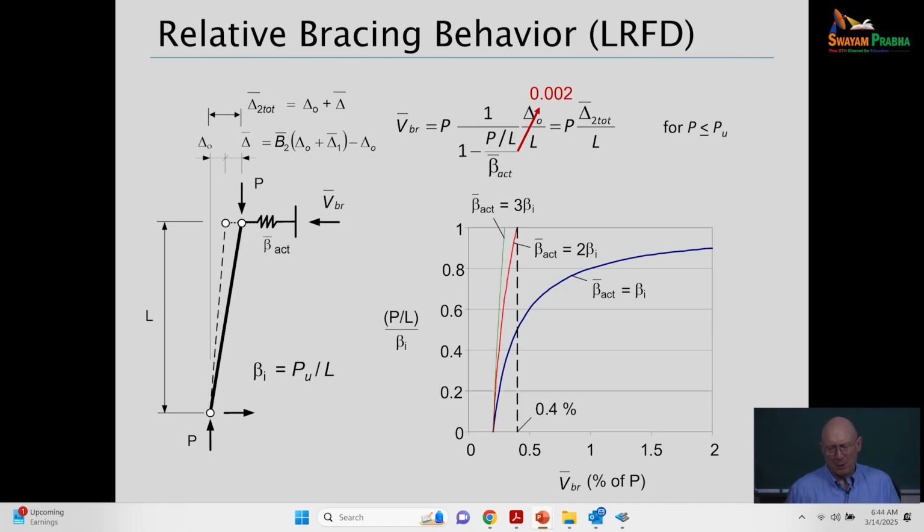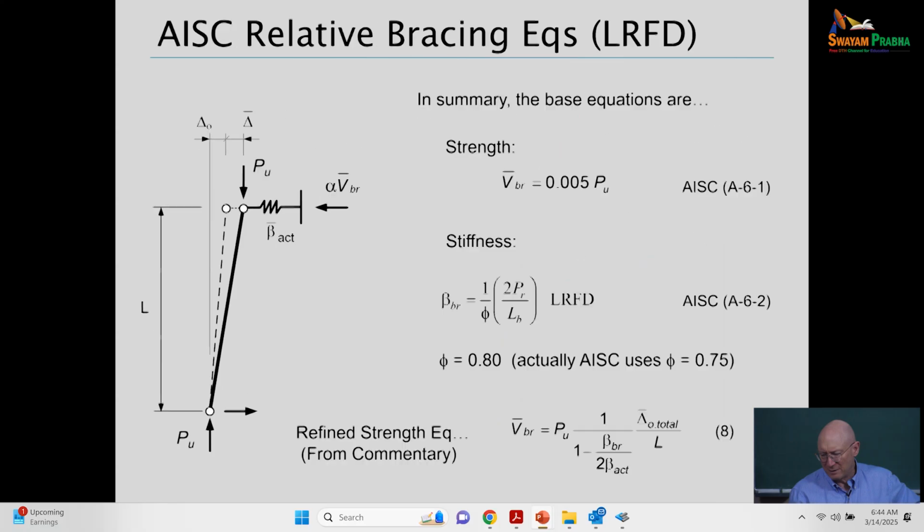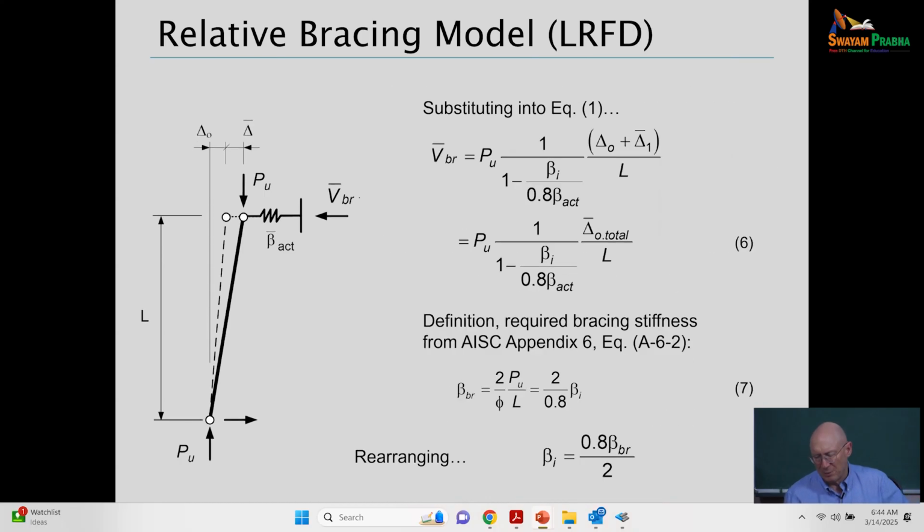But let's suppose we use a beta bar actual that's larger than the required value. Notice that beta bar is putting a 0.8 on the stiffness. I need to go back to where I got my required bracing here. Oh, I think I went too far. Find my point here. Oh, it's here. Okay.